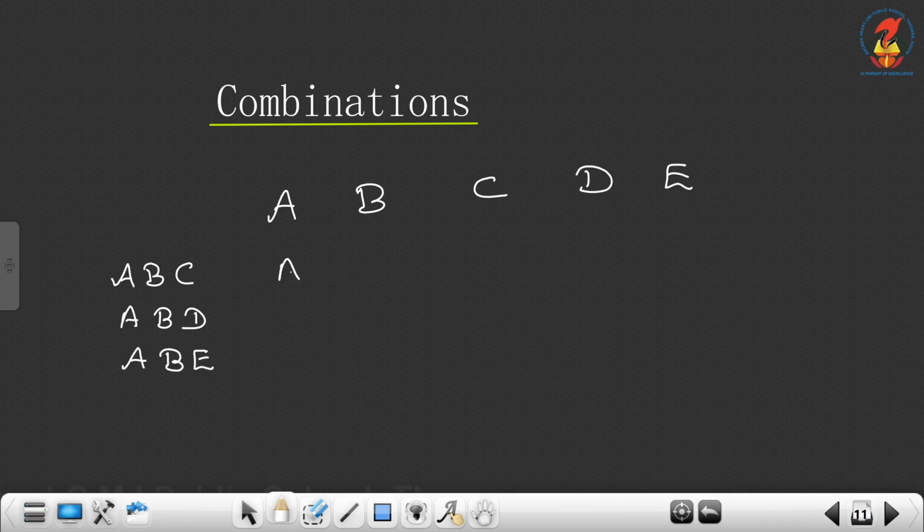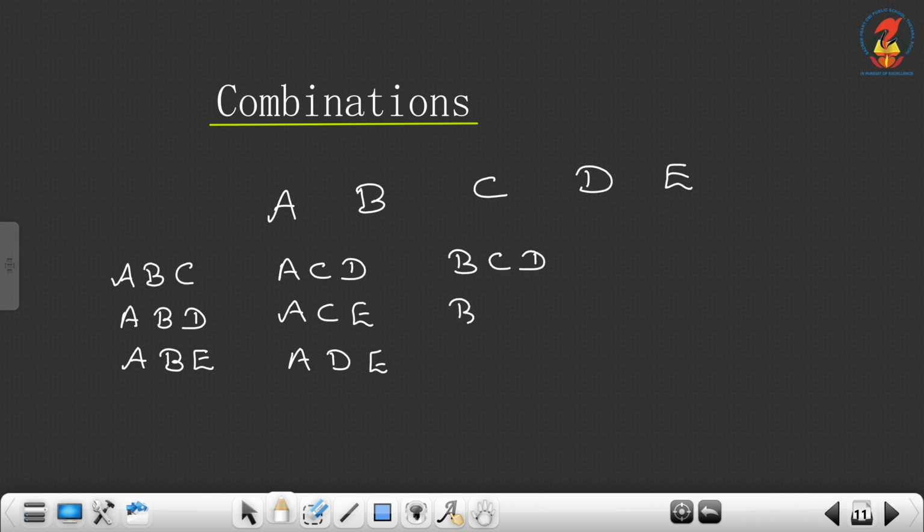Then I can select ACD, ACE, then ADE, then BCD, BCE, BDE, then CDE.